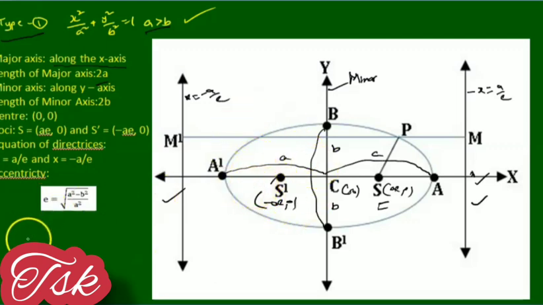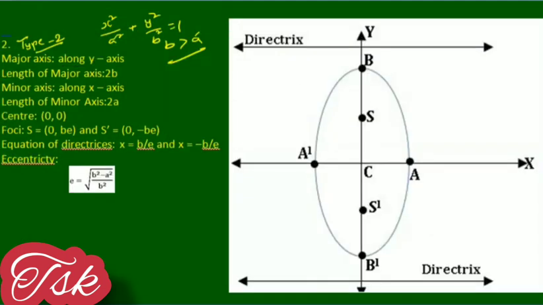The eccentricity of the ellipse: since b square by a square equals 1 minus e square, that is, 1 minus b square by a square, ultimately we can write e as under root of (a square minus b square) by a square. This is type 1, so you have to learn this type carefully. Next we move on to the second type.